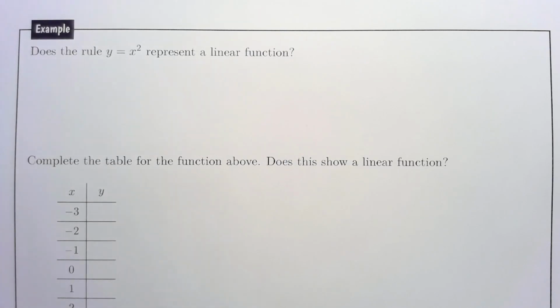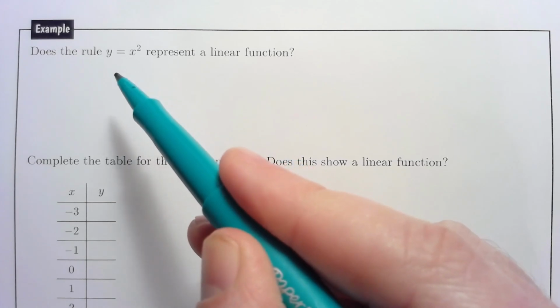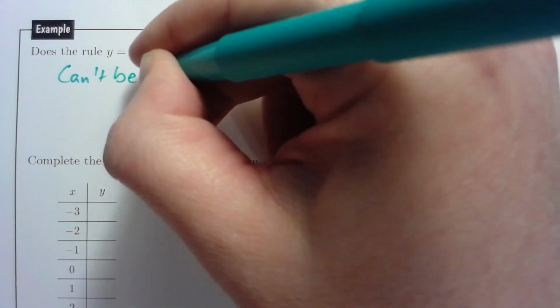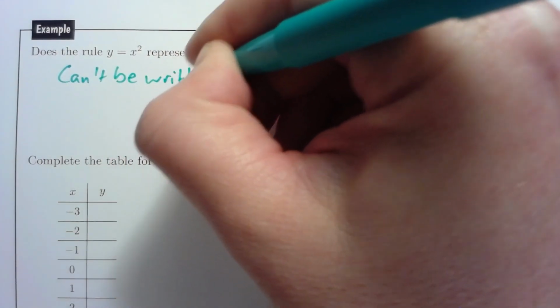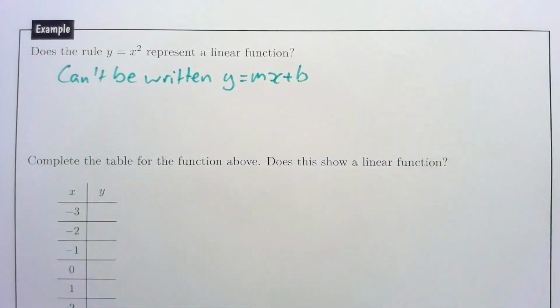Now, we can also subtract and divide by using reciprocals and negatives and stuff like that. But all we're doing is multiplying and adding. This means x times x, and x isn't a constant. So x is being multiplied by something that's not a constant. So no matter what we try, this can't be written y equals mx plus b.